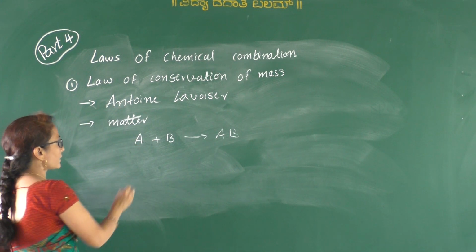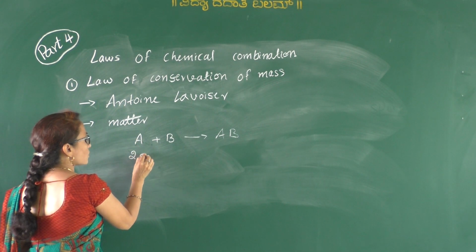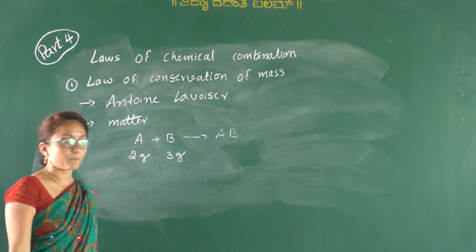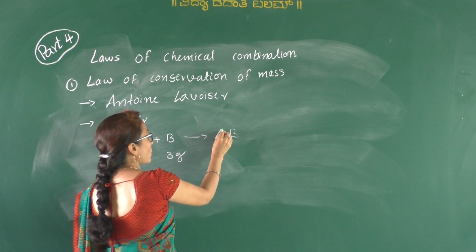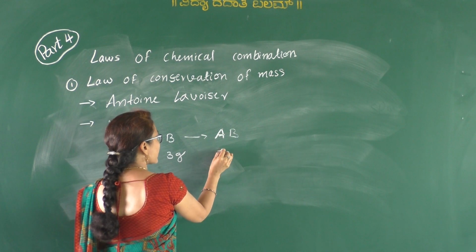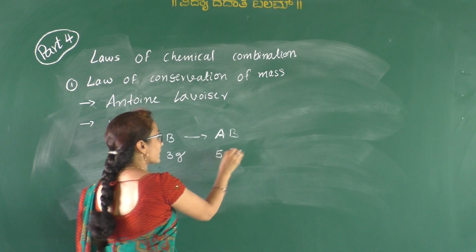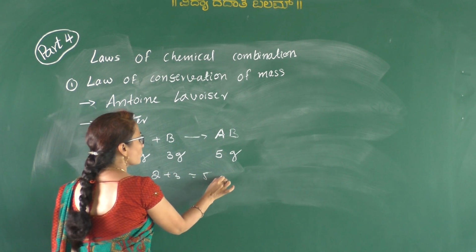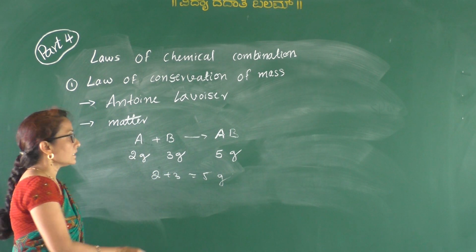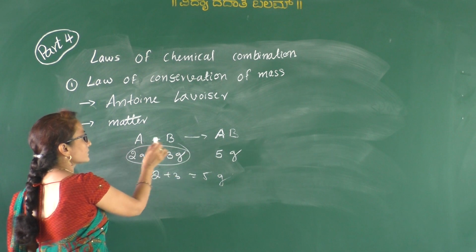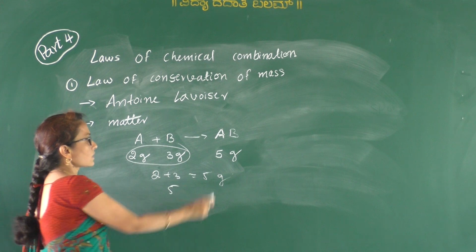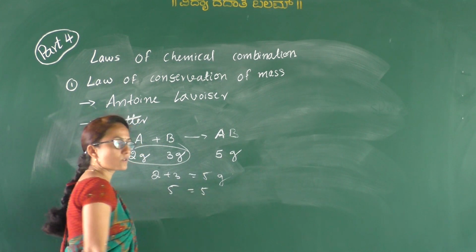If we take 2 grams of A and 3 grams of B, then the mass of the product AB formed must be equal to 5 grams. That means 2 plus 3 must be equal to 5 grams.